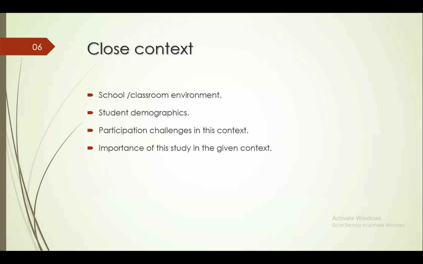A supportive and interactive environment can encourage students to be more involved, while a rigid one does not. Close context means how did you identify these things? Through observation, by checking their documents or their test papers, by interviewing. What are the ways you found that they have less participation? That is called close context.